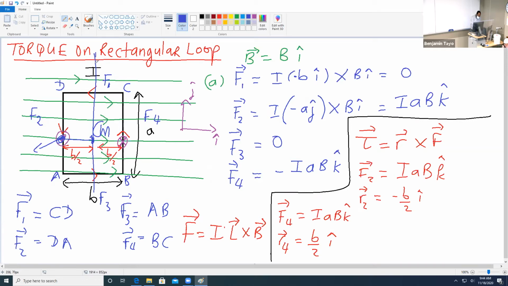So you can just think about this center of mass here as the point 0. Yeah, because F2 is to the left. So F2 is negative B over 2 I hat. And then F4 is to the right of the center of mass, and so that is positive B over 2. Okay.